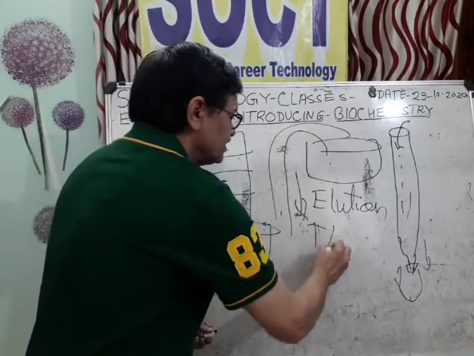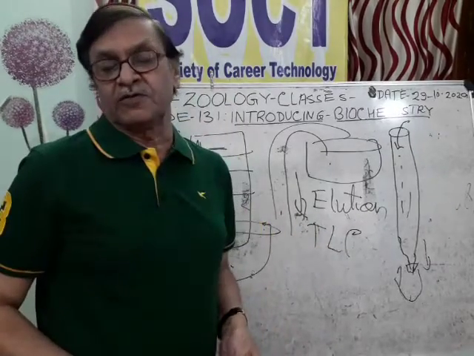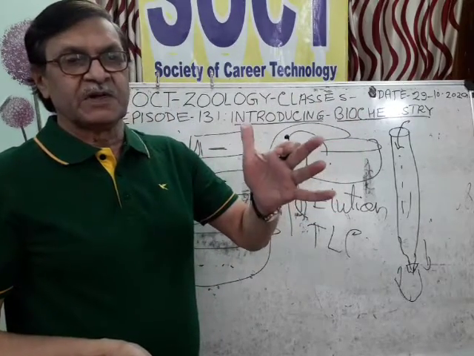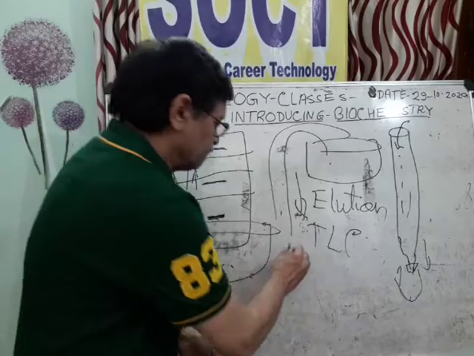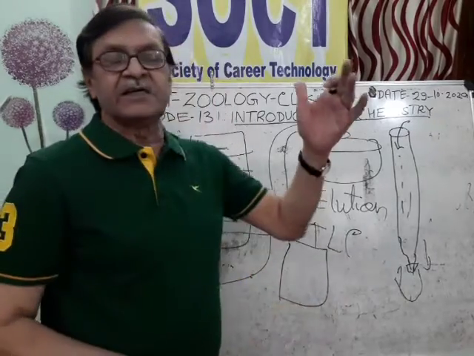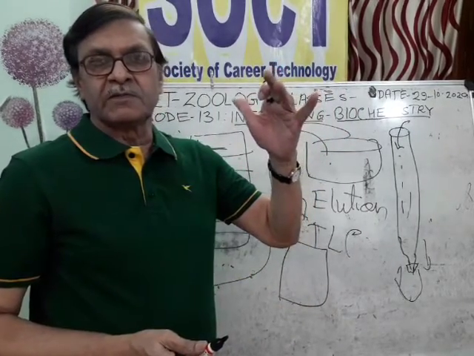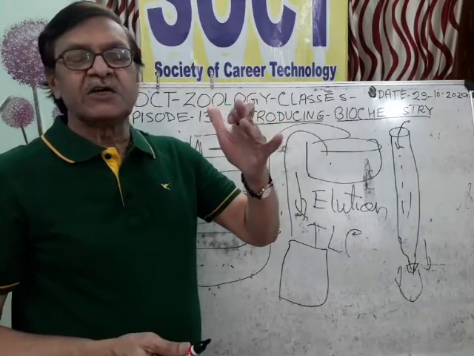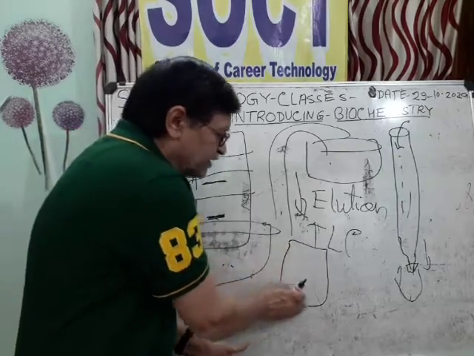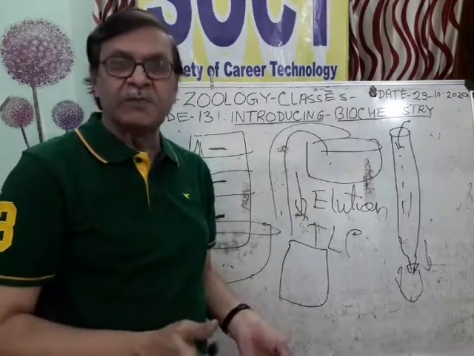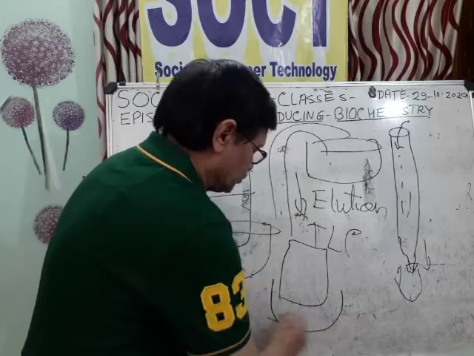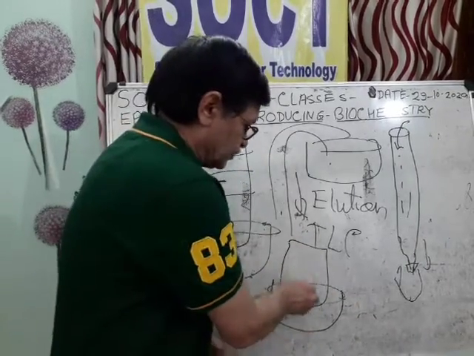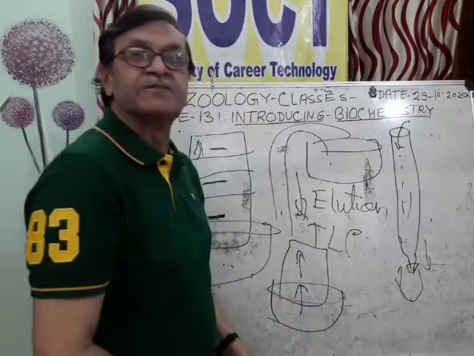There is one more technique, TLC, thin layer chromatography, where a glass plate is kept, and like the lime coating of our wall, silica gel or some other medium is spread on it uniformly, and then it is dipped into a solvent. The solvent will migrate like this.